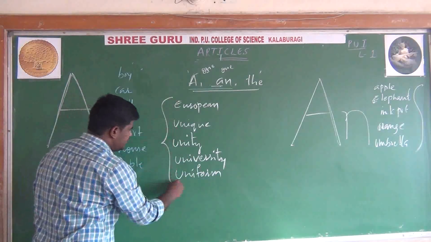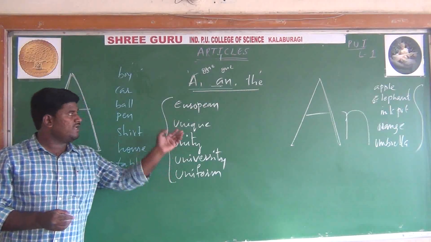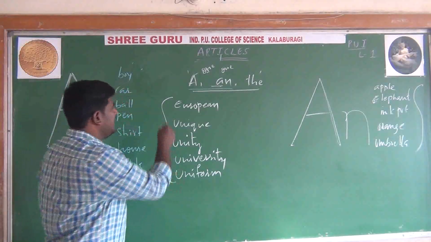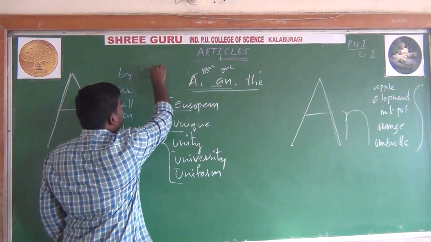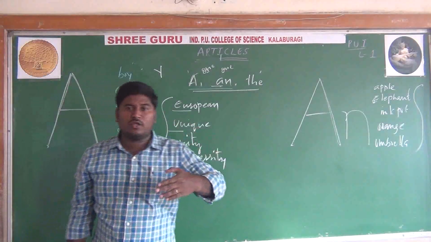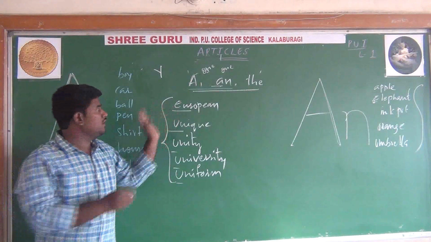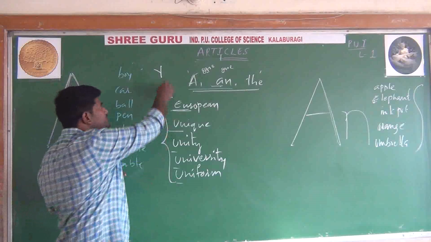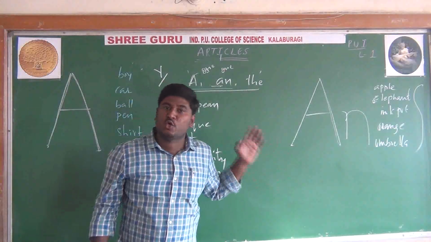Look at these words. They begin with a vowel. If you say an European, that is absolutely wrong, because this E or U has the sound of Y. We cannot say I met an European. No, this does not have a vowel sound; rather, it has the consonant sound Y. So we say, yesterday I met a European.